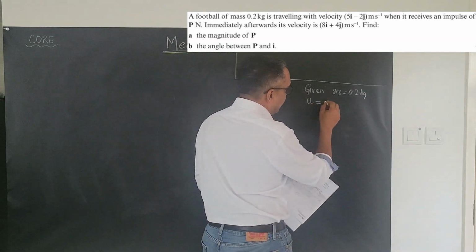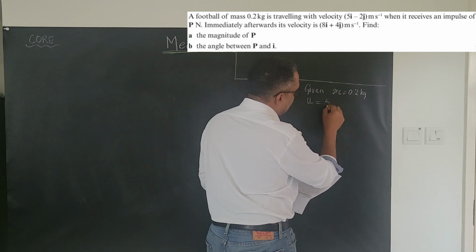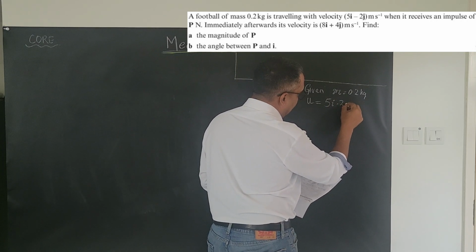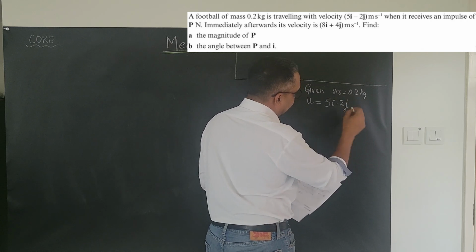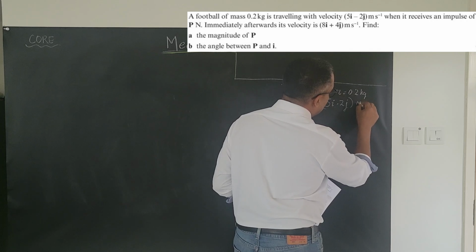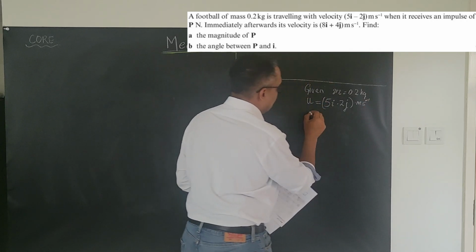And that's provided to you as a vector, which is 5i minus 2j, right? And then, of course, they give you meters per second.